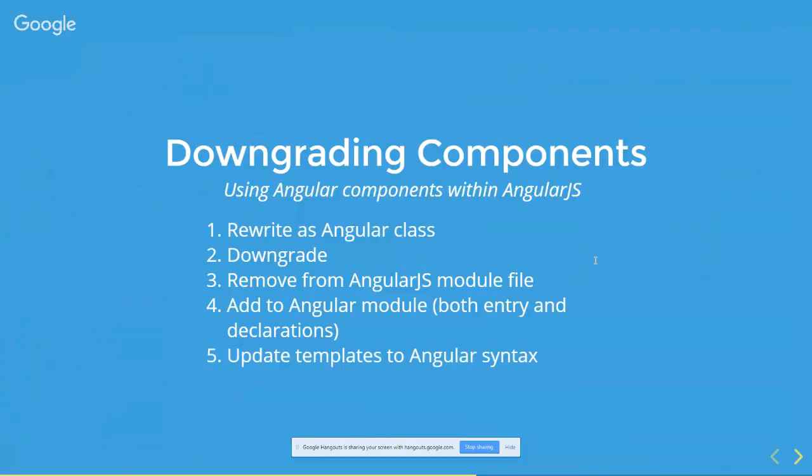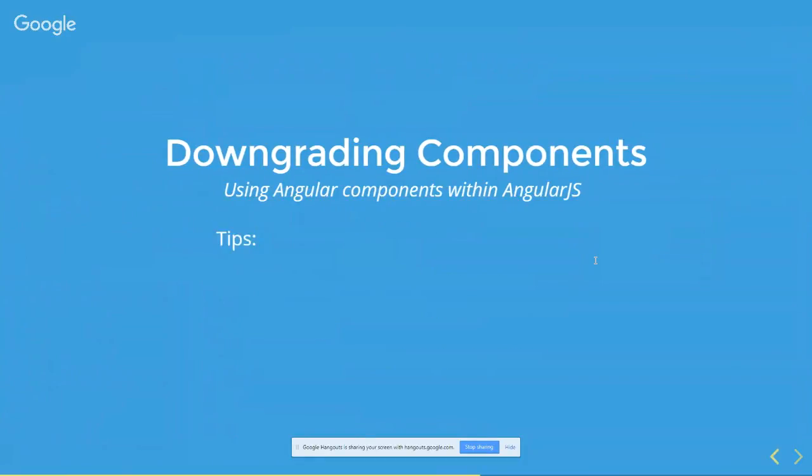And then after you actually update the code itself, you just need to update the templates to Angular syntax. And most of that is pretty straightforward. Most of that is pretty easy. There are a couple of things that I've come across.